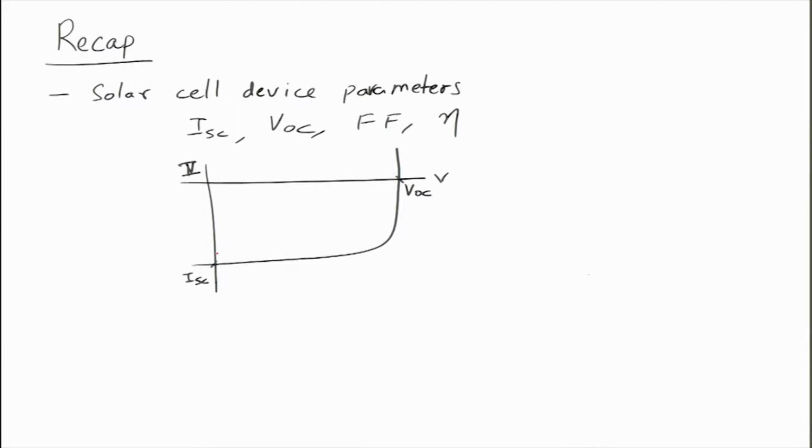within this curve there is a rectangle that you can draw which corresponds to the maximum power point, and this basically comes from d of jV by dV. So, wherever this is equal to 0, that is the maximum power point.